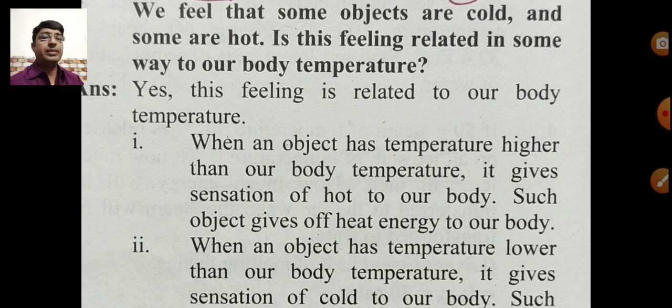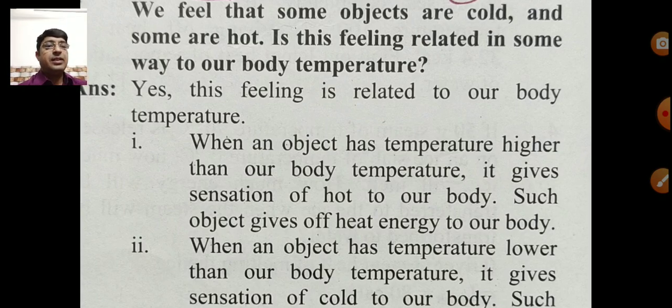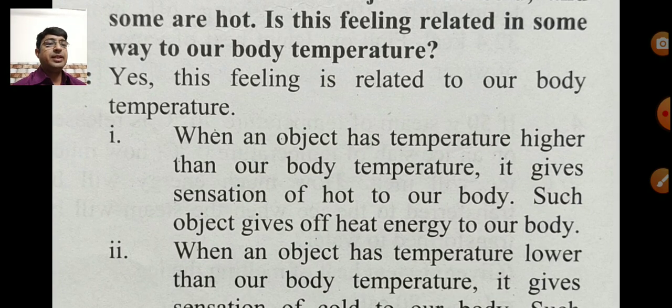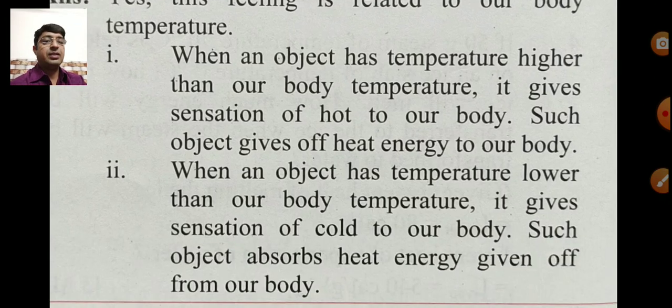What is our normal body temperature? 37 degrees Celsius. First point: when an object has a temperature higher than our body temperature, it gives a sensation of hot to our body. Such an object gives off heat energy to our body.